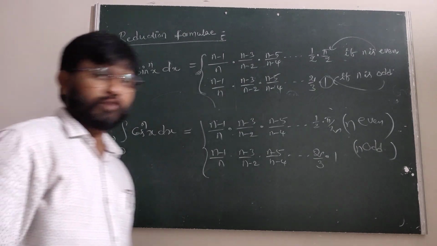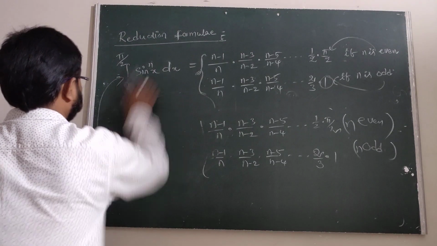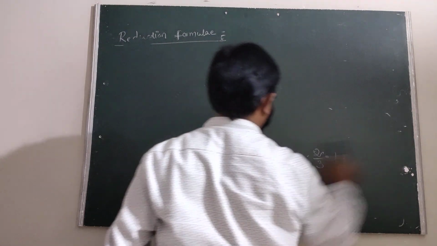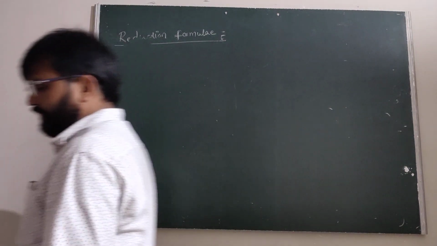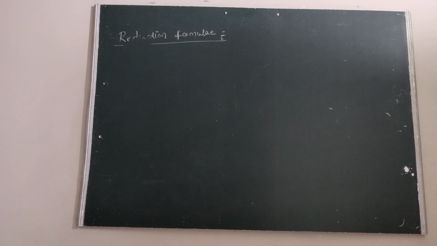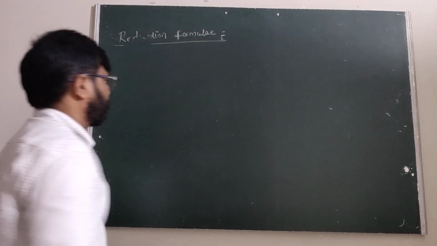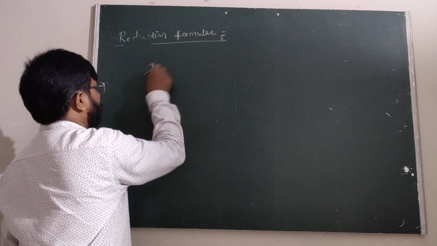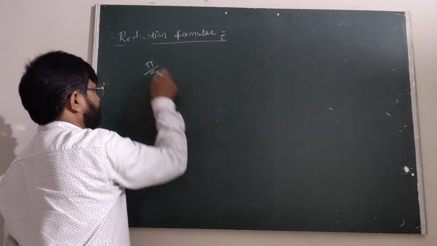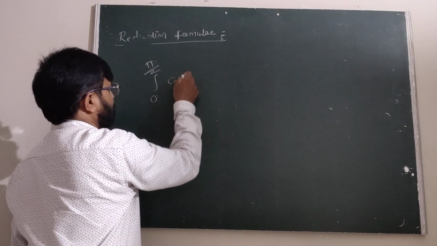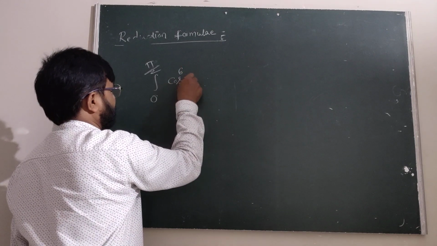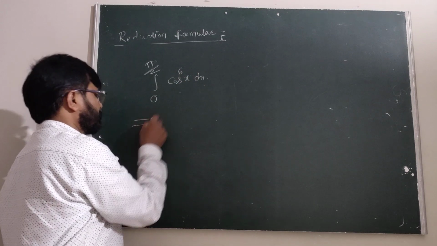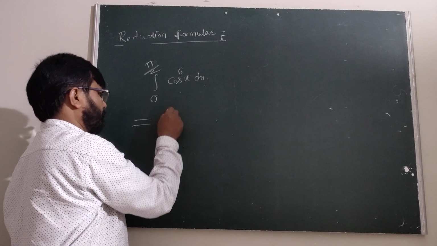Now we are taking one example. All of you listen here: how to find the integral from 0 to pi by 2 of cos power 6x dx. Using the formula, first write 6 minus 1, that is 5 by 6.